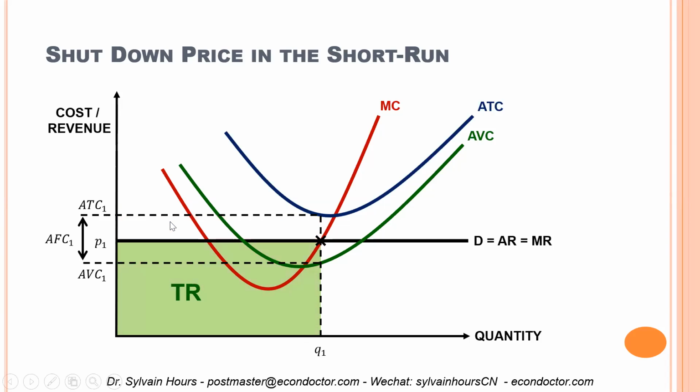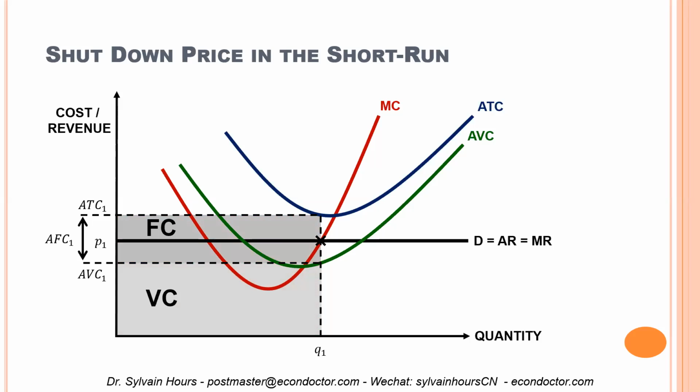So you see clearly that my total revenue is smaller than my total cost, which means that if I stay in business, if I choose to produce Q1, I am going to make a negative profit, and I can identify it. It's there. This is the amount of money that I would lose if I decided to stay in business: total revenue minus total cost.